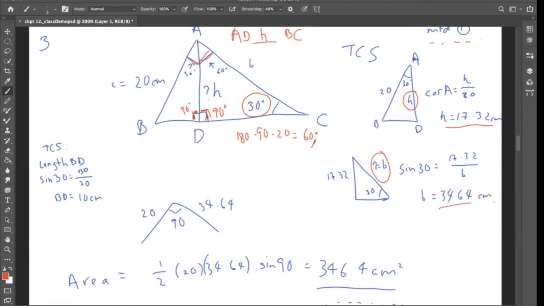B is equal to 34.64 centimeters. So knowing 20 and 34.64, and this is angle A. Any questions so far?